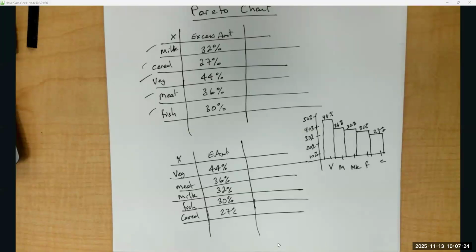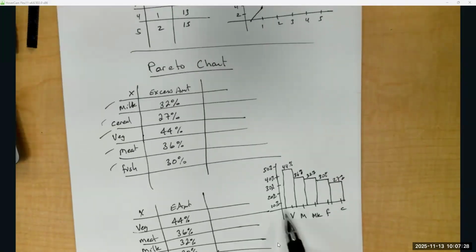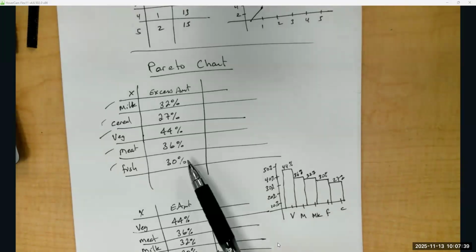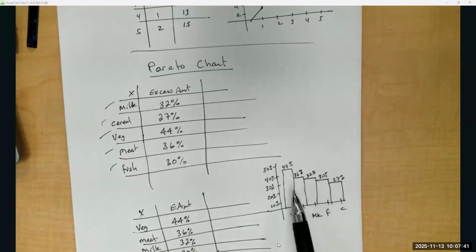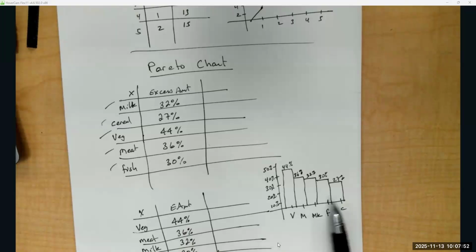The difference between an ogive and the Pareto is, think of an example like a construction or a business. I want to see what sells the most. Or in this case, it's excess amount. Which items did we over order? This could be how much stuff we have extra in our storage room. So be careful how we reorder next time.